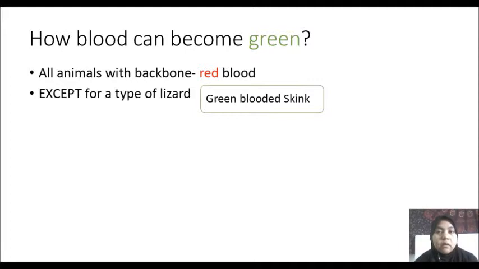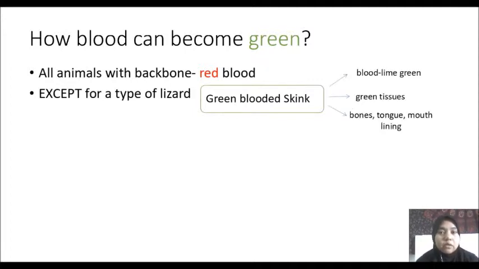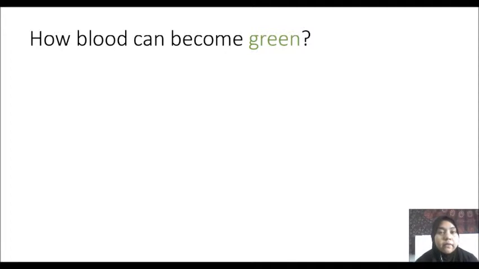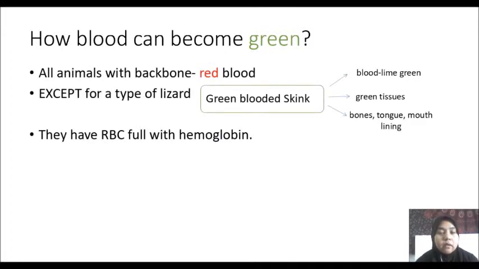The green-blooded skink possesses lime green blood, green tissues, green bones, tongue and mouth lining. Something happens in their circulatory system that causes them to have lime green blood and other green physical characteristics. They have red blood cells full of hemoglobin, which is red in color.